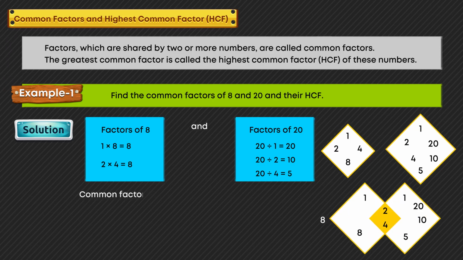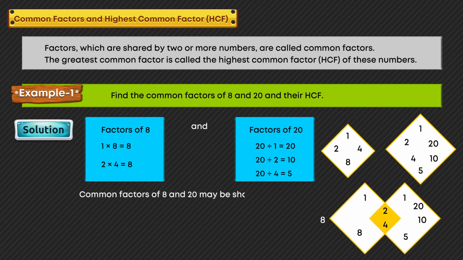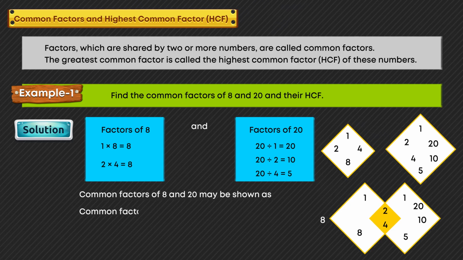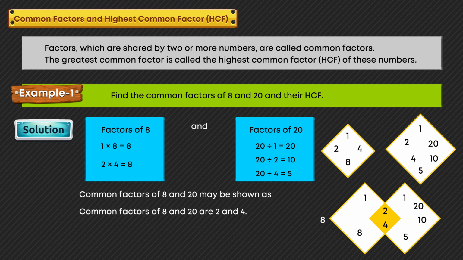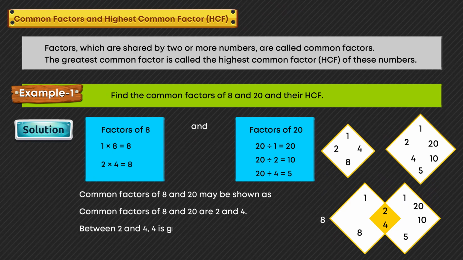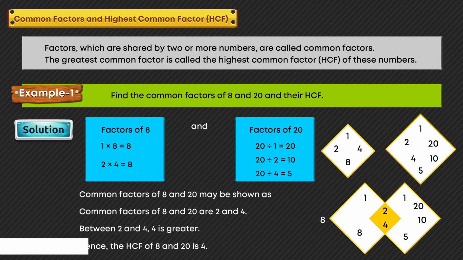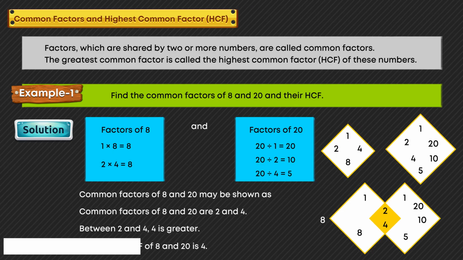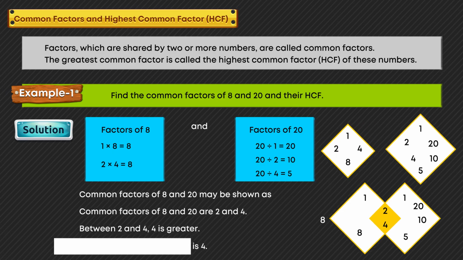Common factors of 8 and 20 are 2 and 4. Between 2 and 4, 4 is greater. Hence, the HCF of 8 and 20 is 4.